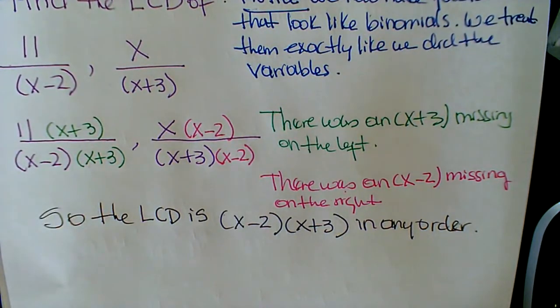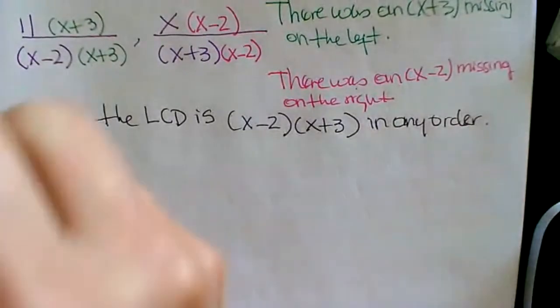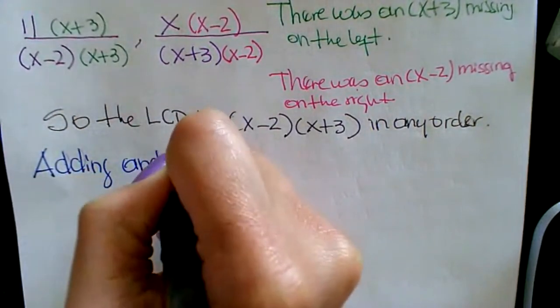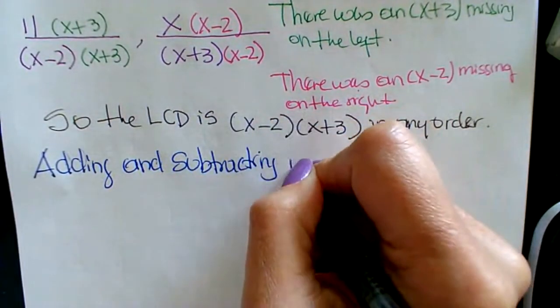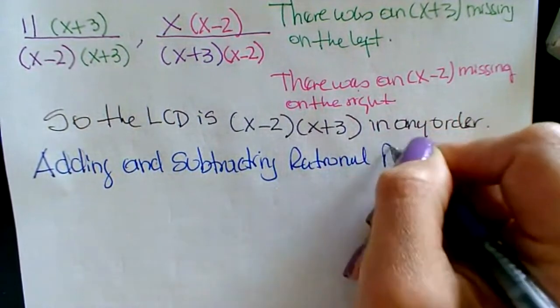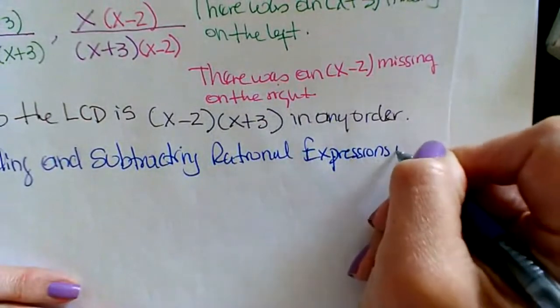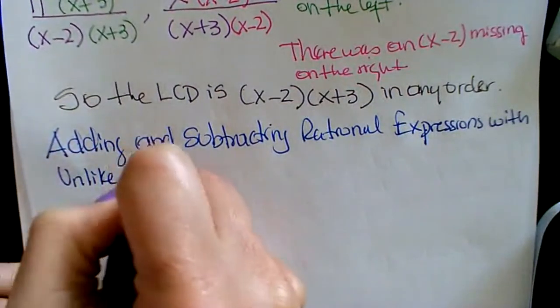And now let's do our first example. We're going to start working on adding and subtracting rational expressions with unlike denominators.